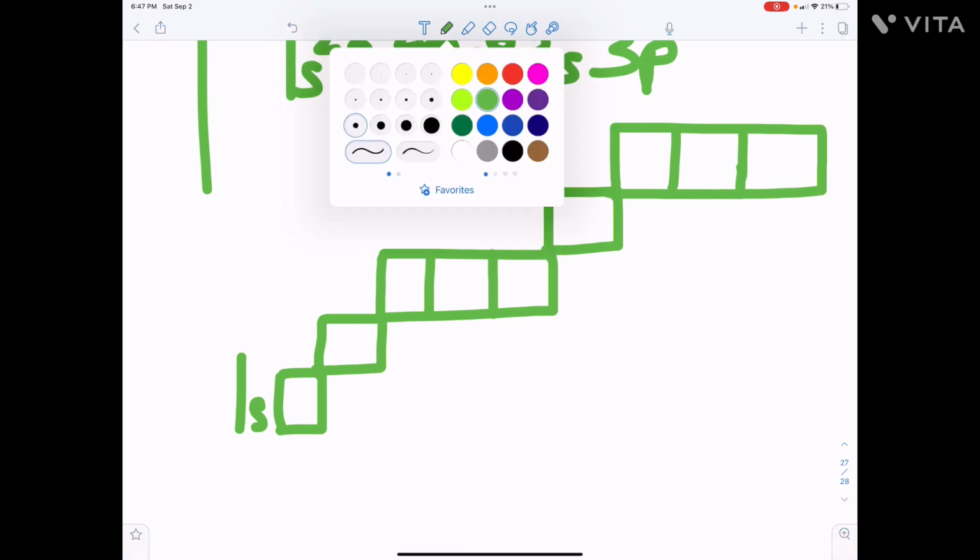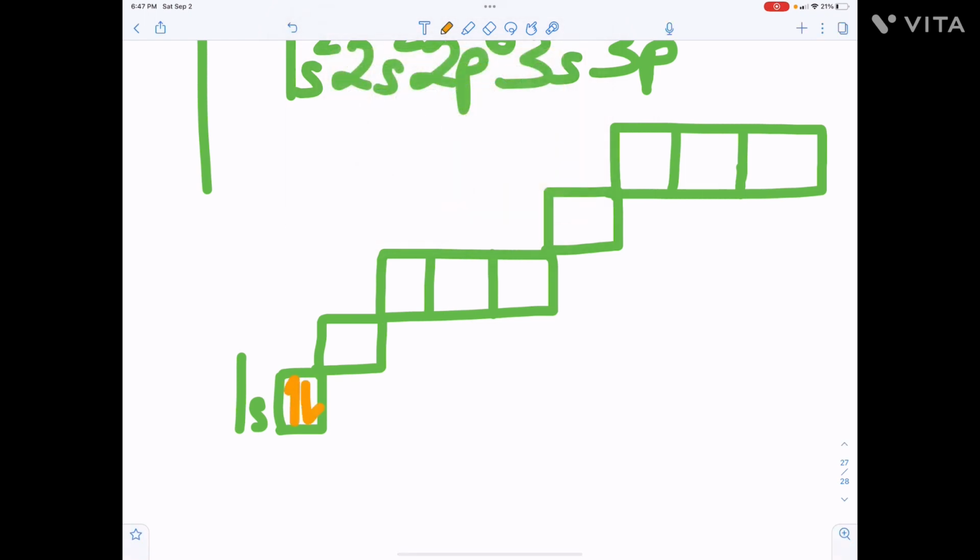Let's now fill electrons into it. 1s2, 2s2, 2p6, 3p3. Am I getting that right?